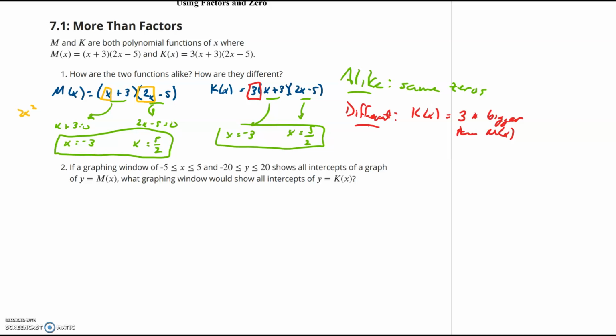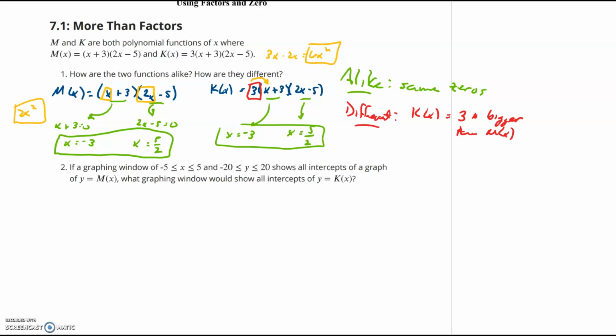When I do the same thing over here, first I would distribute this 3, so then I would have 3x times that 2x, and it would give me 6x squared. So it's still going to be a second degree polynomial just like m of x.